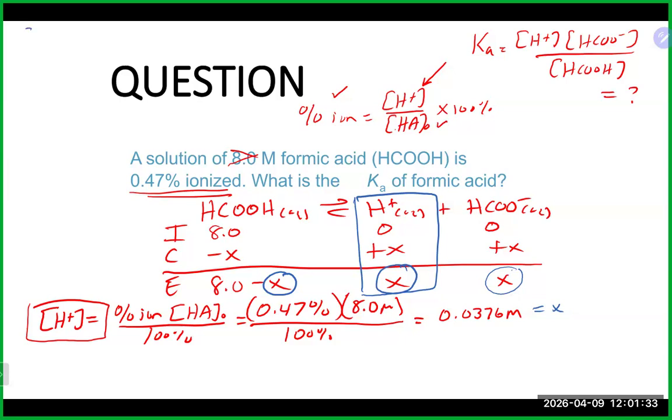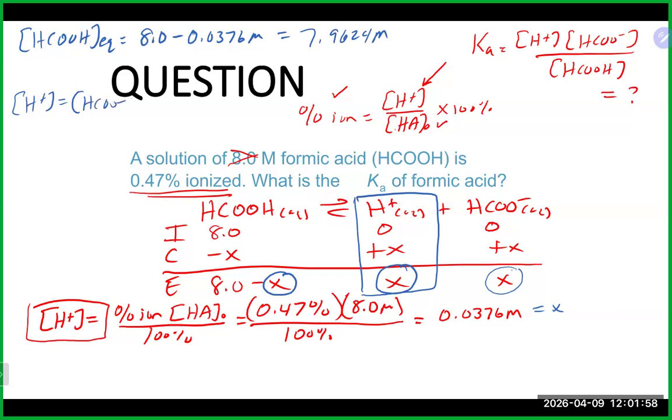The concentration of our acid at equilibrium would be our 8 molar minus x, which is 0.0376, and that gives us 7.9624. We can also see that the H plus concentration will equal the HCOO minus concentration, which equals our x value, 0.0376 molar.